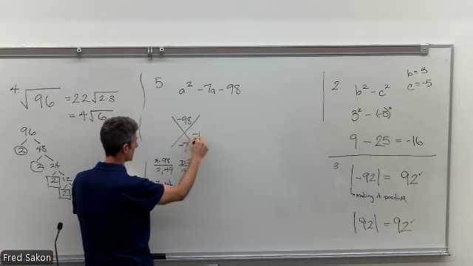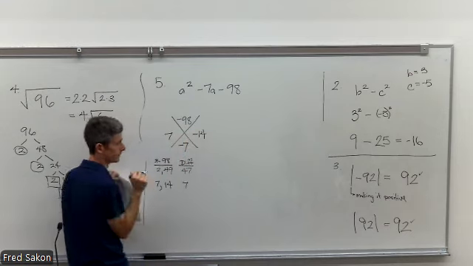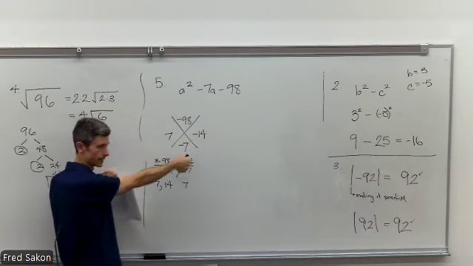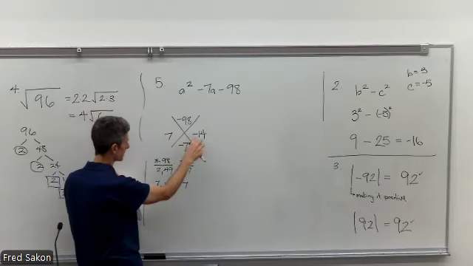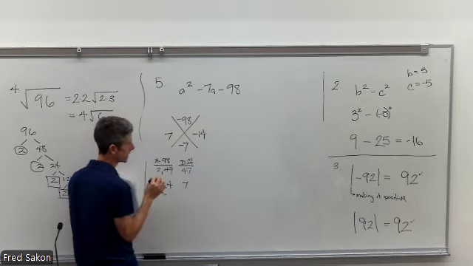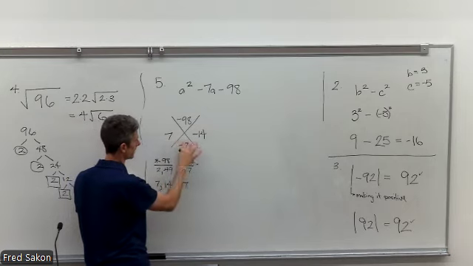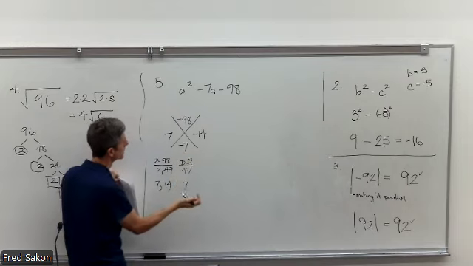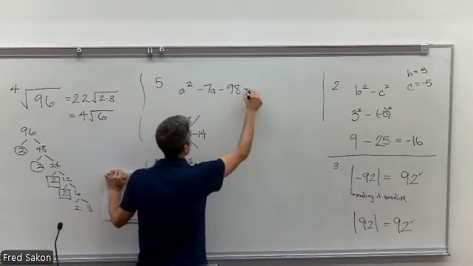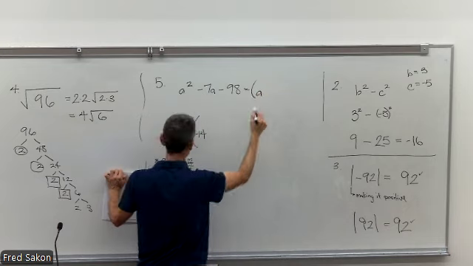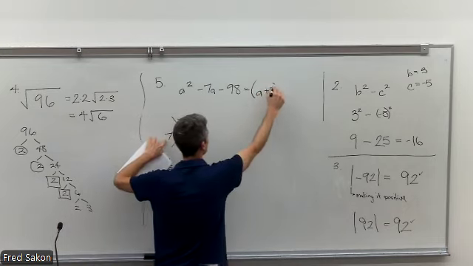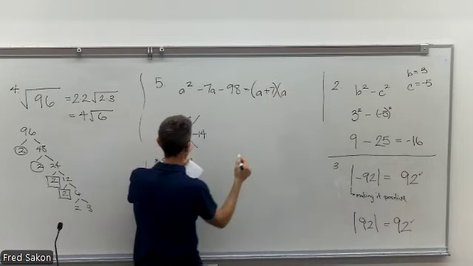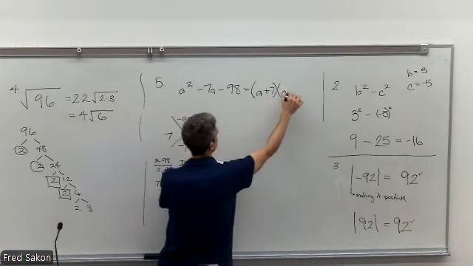I'm going to put my negative on the 14. So they add up to -7. 7 times -14 will give us -98. And then 7 plus -14 will give us -7. Those are our factors now. +7 and -14.